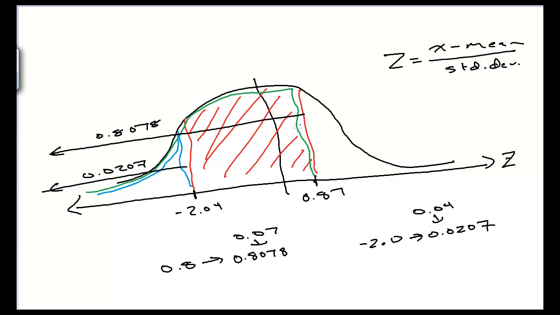So to get the area in between, I'm going to subtract. I'm going to subtract from the 0.8078, which is this bigger area, which includes everything I want plus some stuff I don't want. And I'm going to subtract away the part that I don't want. So 0.8078 minus 0.0207. Throw that into my calculator.